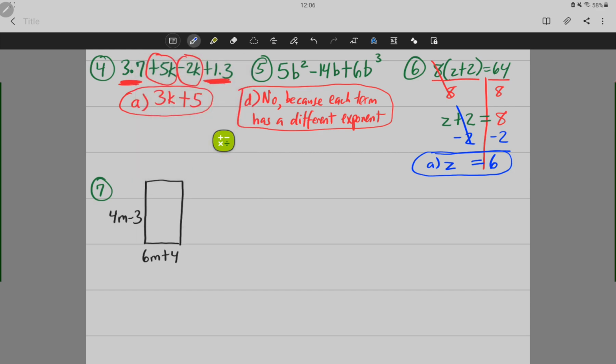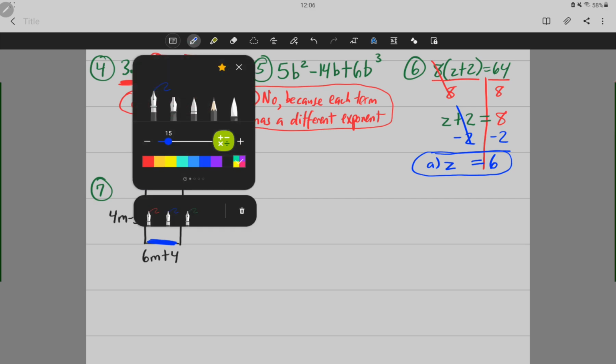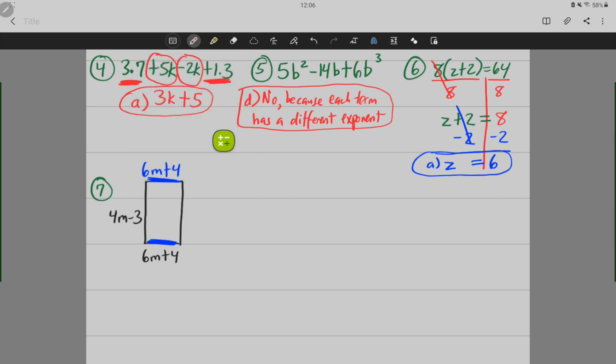So we know a rectangle, if the bottom says 6m plus 4, well, the top also should say 6m plus 4. By the same token, we know if the left side says 4m minus 3, we know the right side also is 4m minus 3. Okay, now we've filled in the sides.